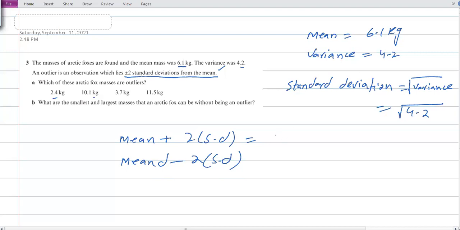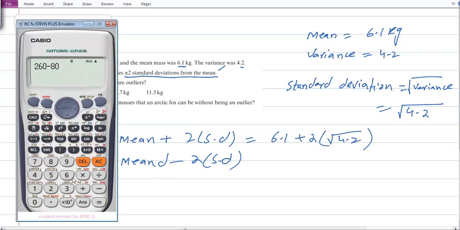So what is the mean? Mean is 6.1 plus 2 into standard deviation, which is the square root of 4.2. Let's calculate this one. It will be 6.1 plus 2 into square root of 4.2, that is 10.198.